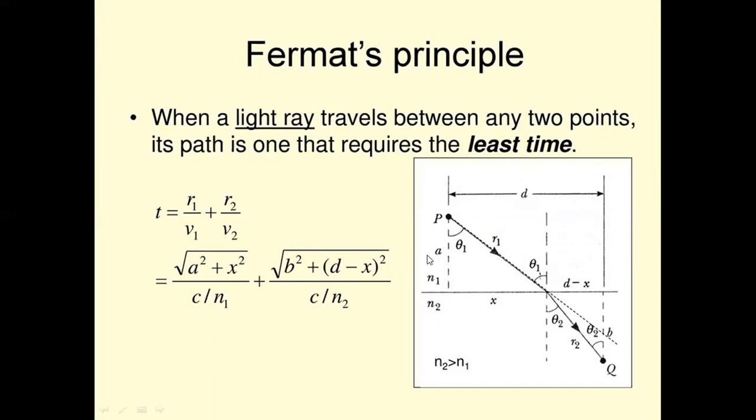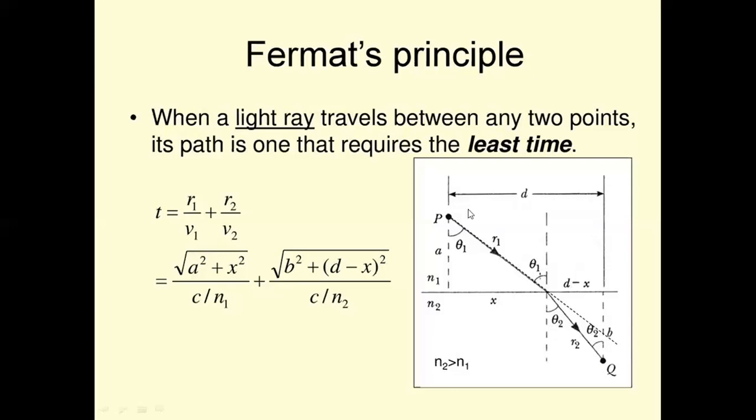And we consider here the height of point P from the normal, the separation between the two media, is a, and the distance from Q to the separation between the two media is b. Now we know from the velocity equation v equals s by t.